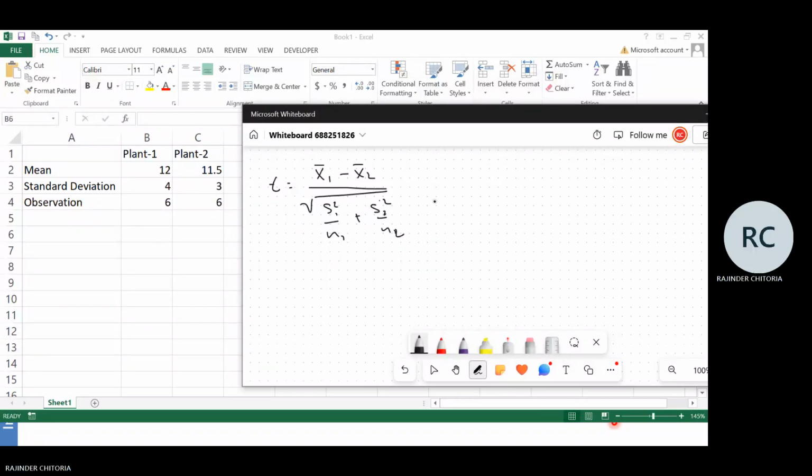Let's put in the values. We have 12 minus 11.5, divided by the root of 4 squared divided by 6 plus 3 squared divided by 6.